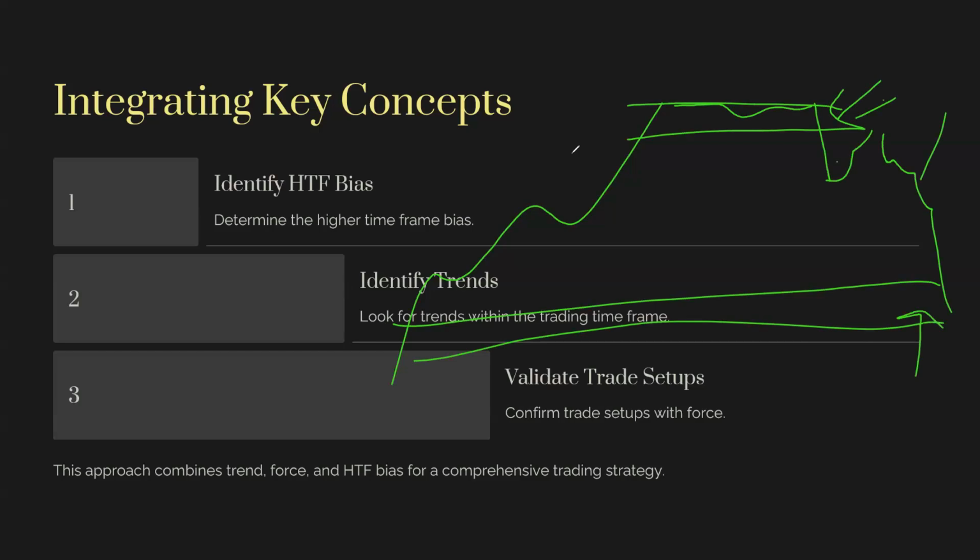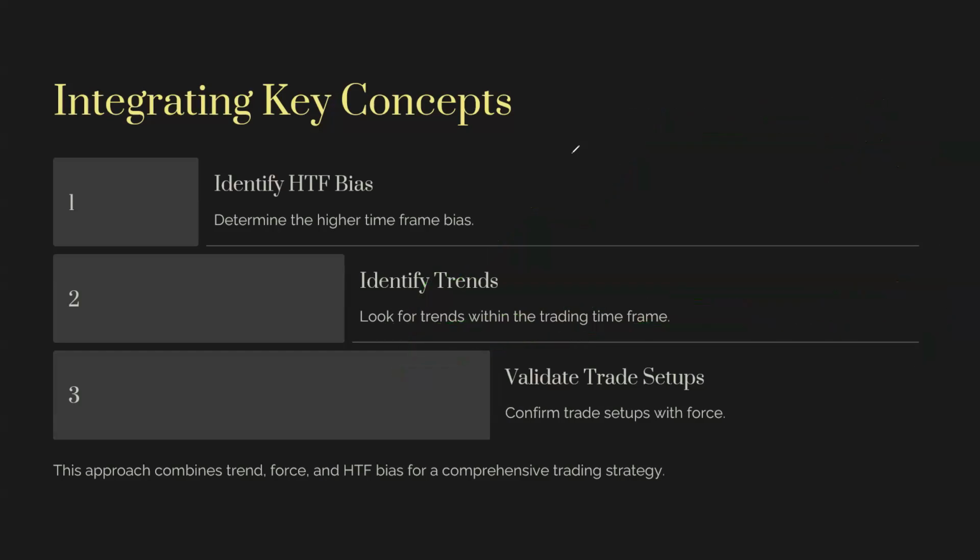At least one thing should be in your favor, either the trend or the force. If both things are not in your favor, don't take a trade. If at least one thing is in your favor, you can take the trade. Either you should take a trade in the direction of the trend or in the direction of the force. One of those things must be present before you take the trade.